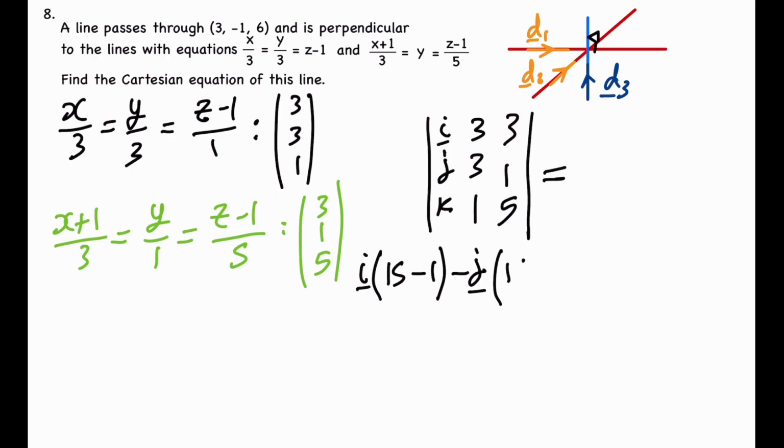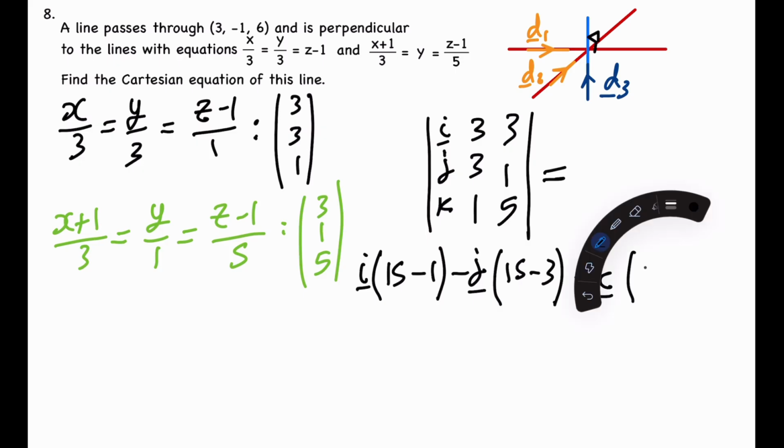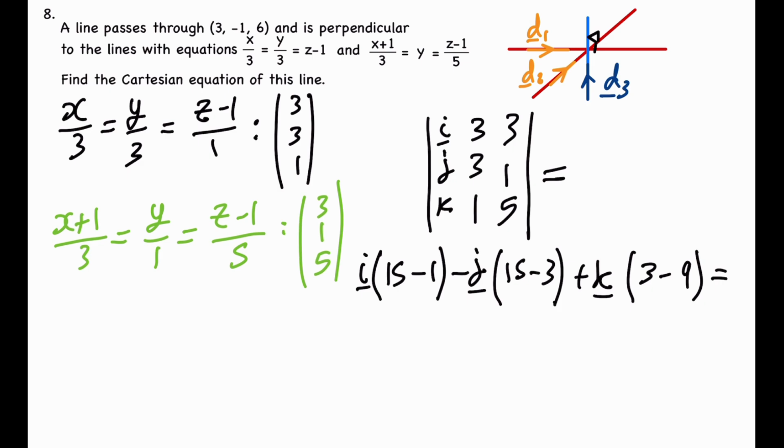So 15 minus 3. Plus k. And we have 3 times 1, take away 3 times 3, which is 3, take away 9. And if we write this out, we're going to get a column vector, which looks something like this, where we have 14, 12, minus 6. And this is the direction vector of the line that we're trying to find.